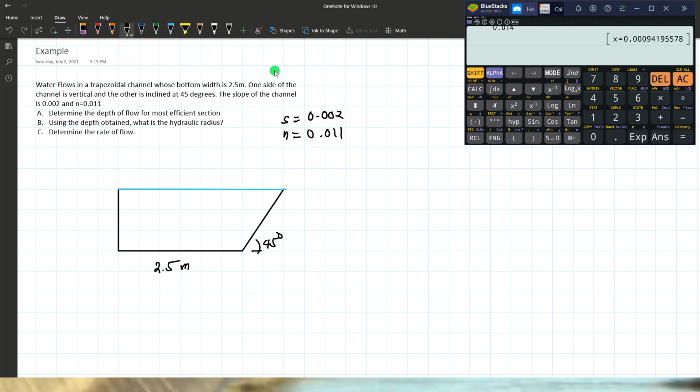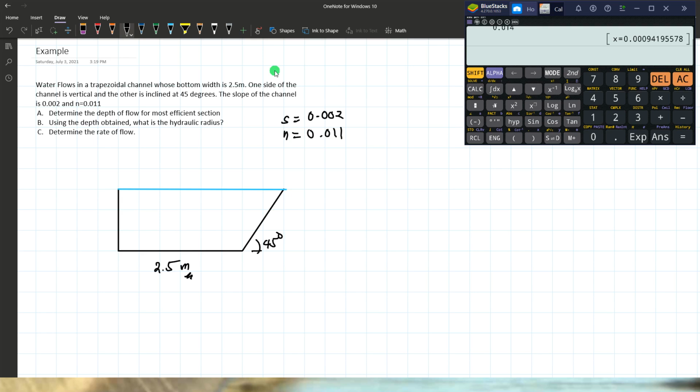We have a given dimension of 2.5 meters, so we cannot follow that the most efficient should be half of a regular hexagon, since it is required here that one side is vertical and the other side is inclined 45 degrees.